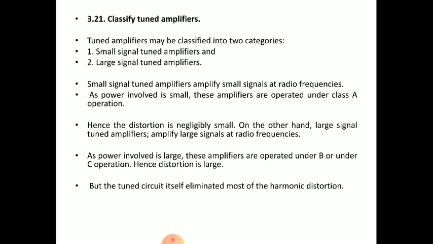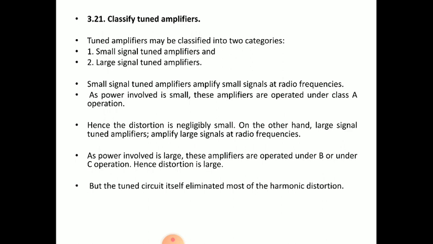See here, classification is based on whether it is small signal or large signal, depending on the input power of the signal. Input, how much is the voltage, how much is the power of the input signal. For the case of small signal, we have small power involved and it will be tuned at radio frequencies.